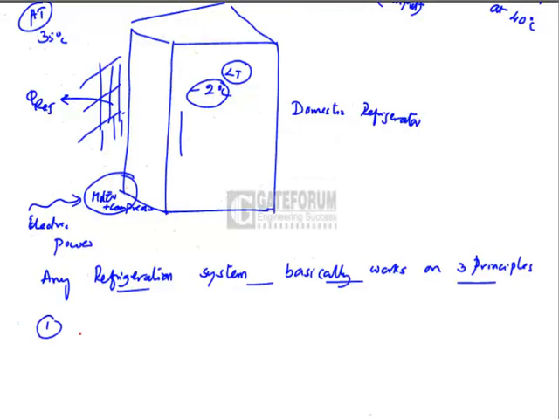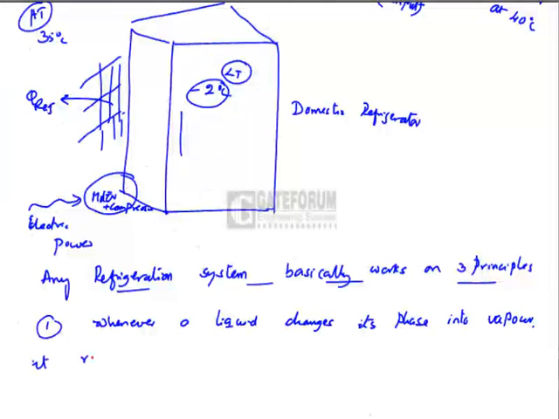Number one, whenever a liquid changes its phase into vapor, it requires latent heat of vaporization for that change of phase. Whenever a liquid changes its phase from the liquid phase to the vapor phase, it requires latent heat of vaporization.